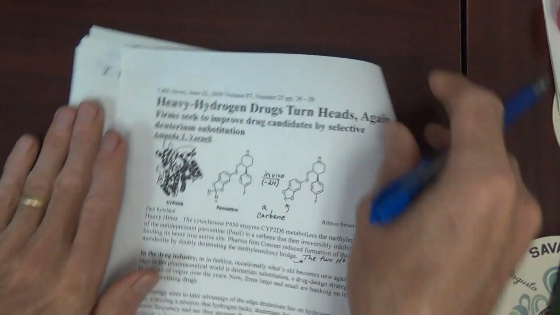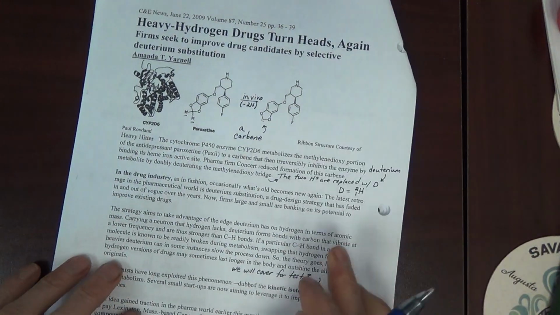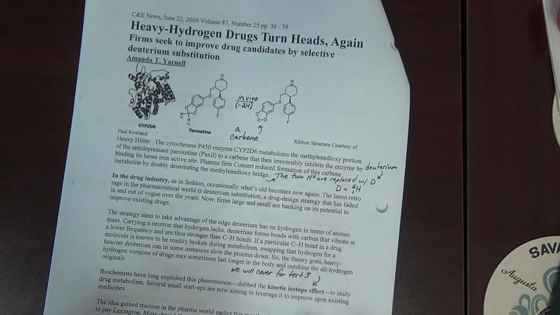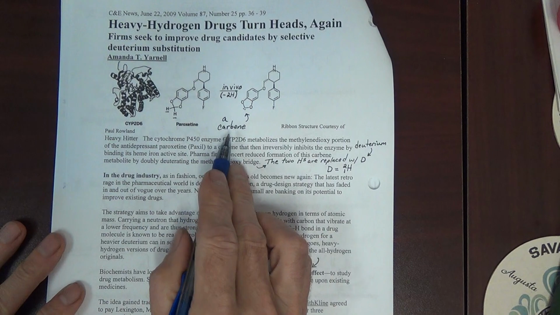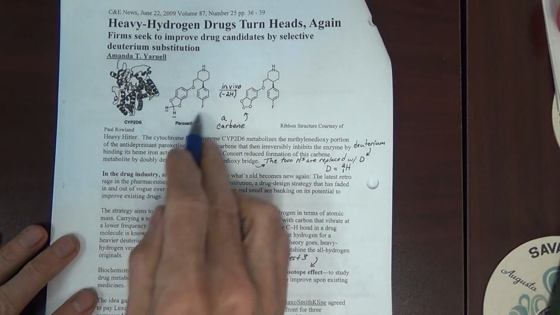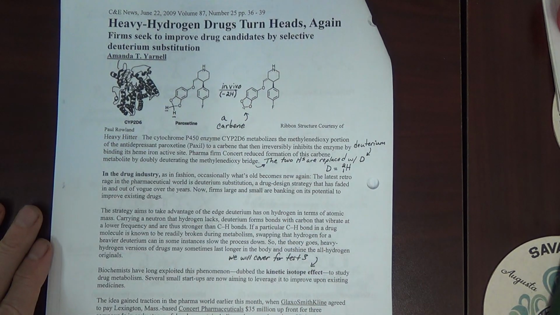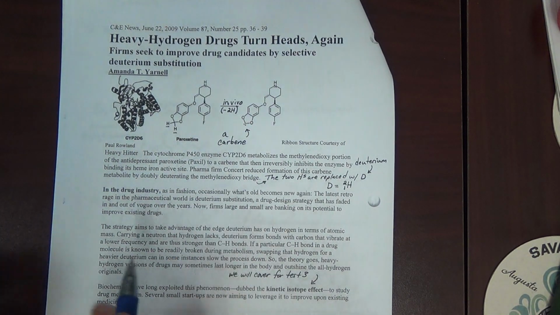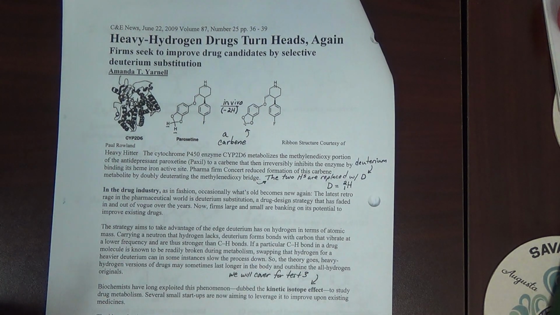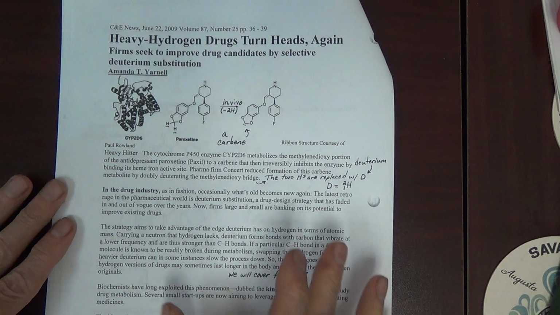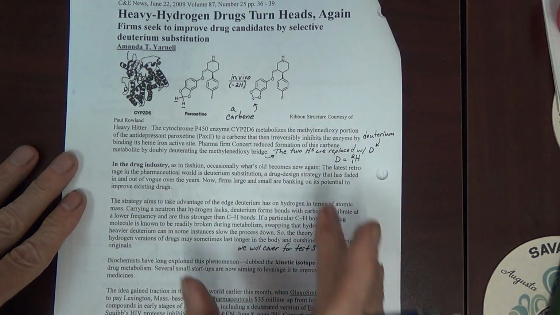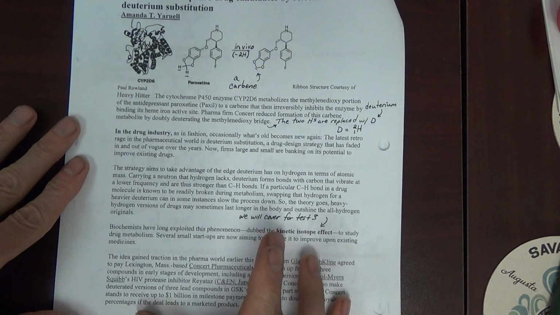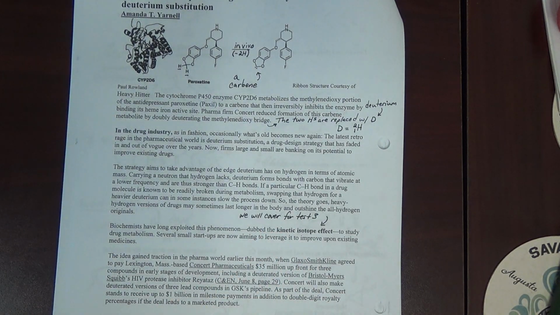And then I think over here is where I mentioned on the outline where a carbene is actually formed in the metabolism of this drug. And so understanding the structure of carbenes, we can then read and understand this metabolism here.